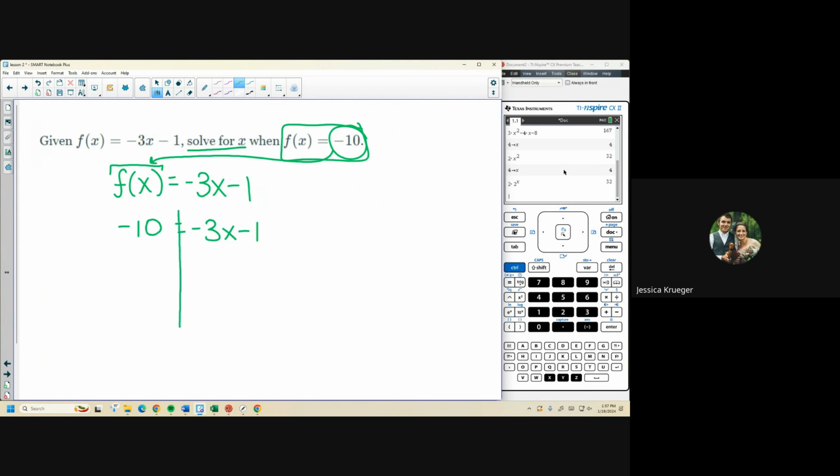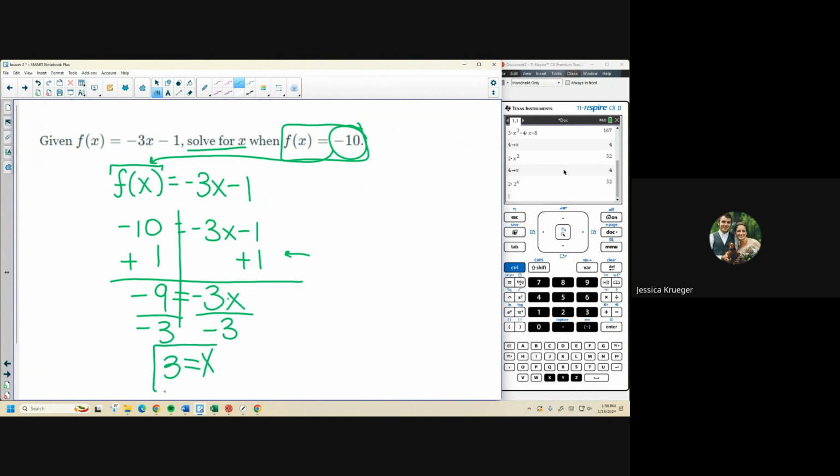And now I can just solve this equation. So I used my addition property of equality here to add 1 to both sides. To get x alone, it's -3 times x. So I'm going to divide both sides by -3. That's my division property of equality. And I get that x equals 3.